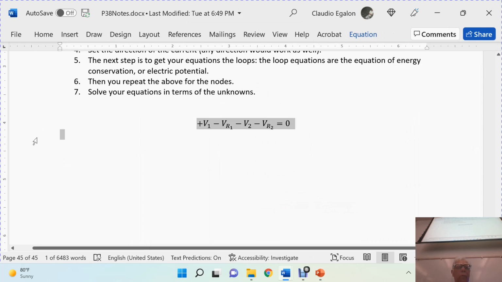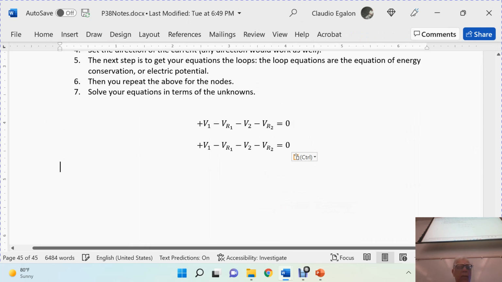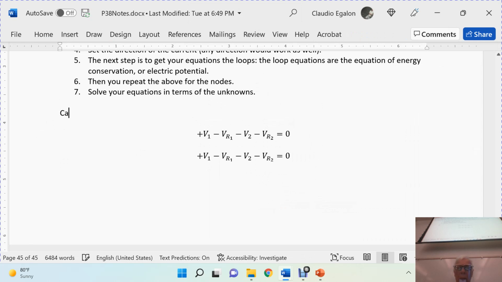What you have to do here is calculate I in terms of V1, V2, R1, and R2.